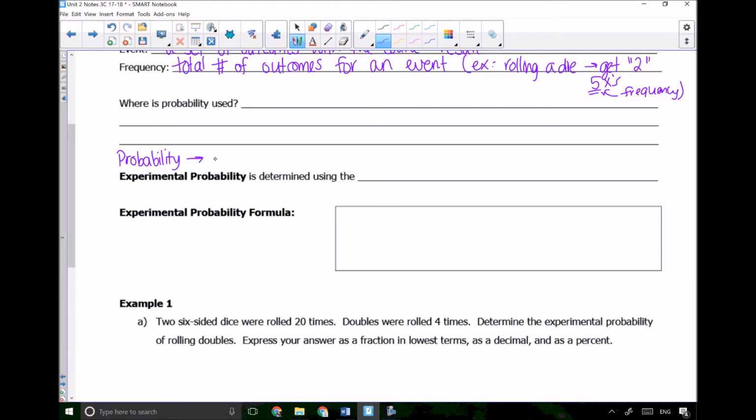So probability is going to be a number between 0, meaning not possible, all the way to 1, meaning you have a 100% chance of it happening, so this is a certainty. Okay, and you can write your probabilities as fractions, decimals, or percents.